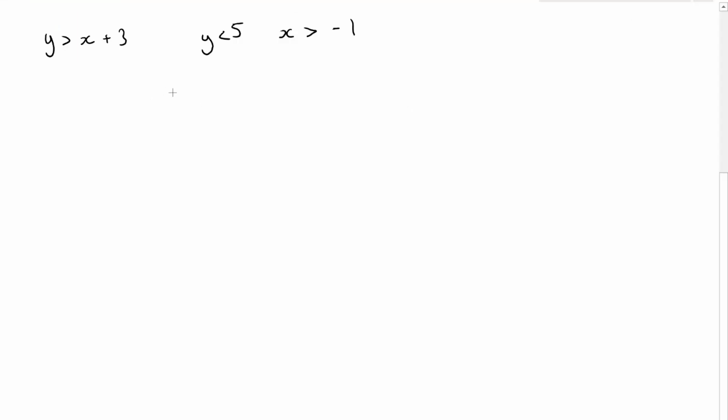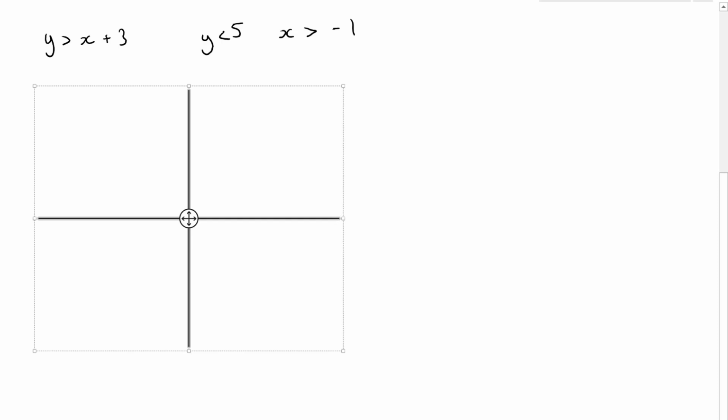So let me just get some axes back here. These are our axes that we're going to plot on. We said that y is greater than x plus 3. We first plot y is equal to x plus 3, which is going to pass through 3, and it's going to have a positive 1 gradient, which means it's going to follow a line that looks something like this.